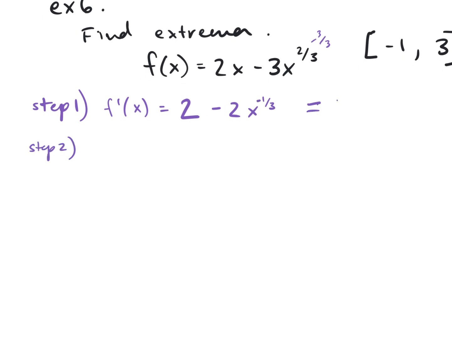So we want to find where this equals 0, our x values where it equals 0, and where it's undefined. So let's start by setting equal to 0 and solving. So I can subtract 2 to move it to the other side. So we get -2x to the -1/3 power is equal to -2.